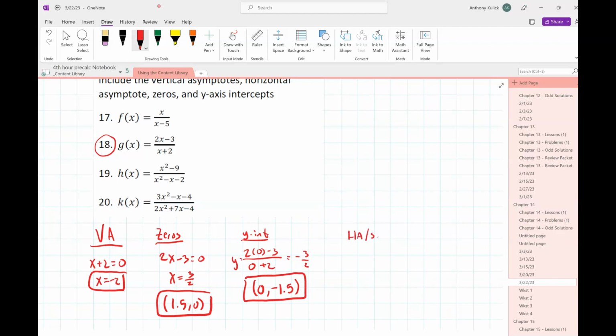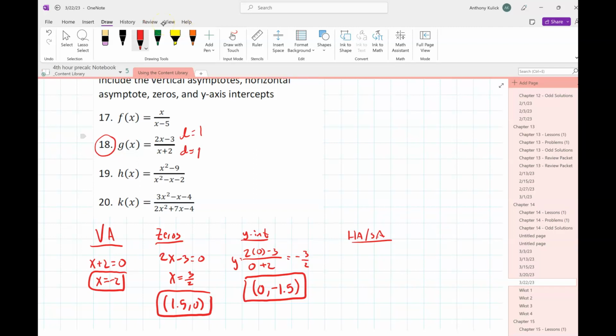And then the horizontal asymptote or slant asymptote, we need to look at the degree, right? So this is degree 1. The denominator is degree 1.